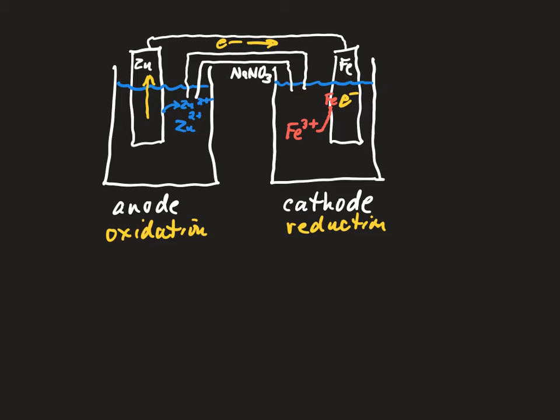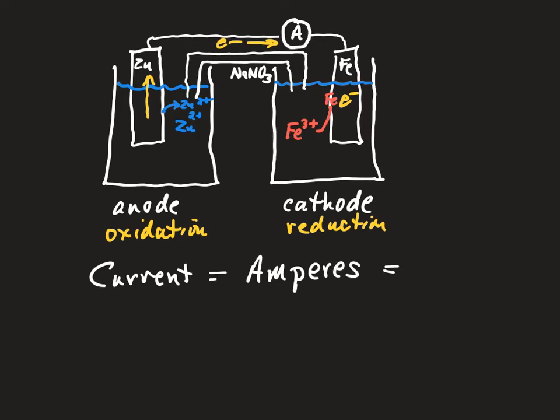Okay, so before we had a voltmeter in our line. What if we change that to an ammeter? That is something that measures the current. And current is measured in amperes or amps.